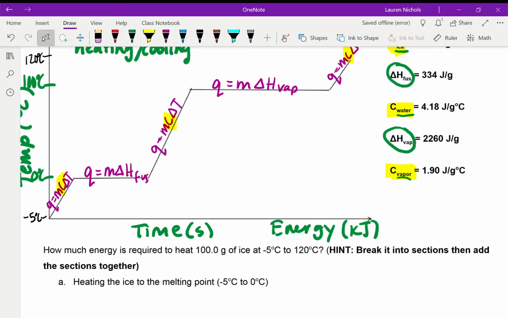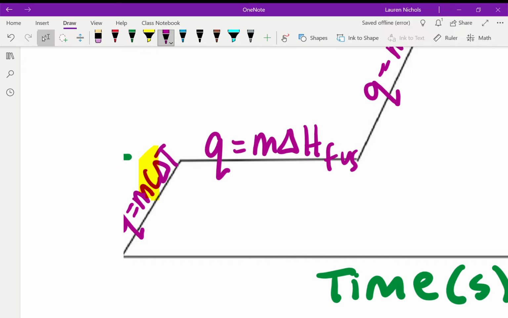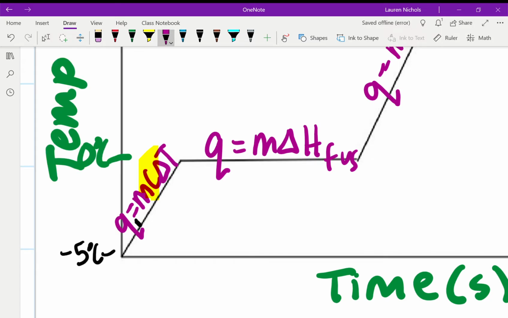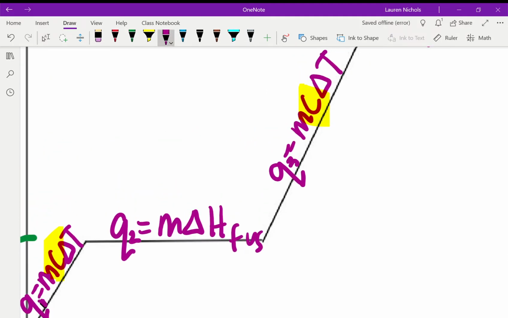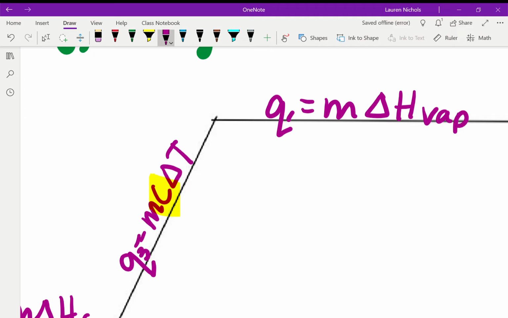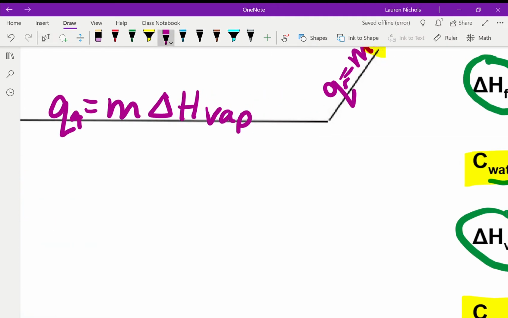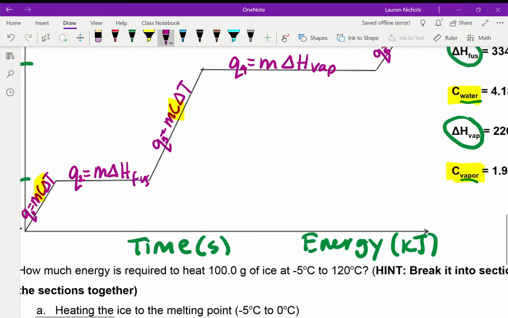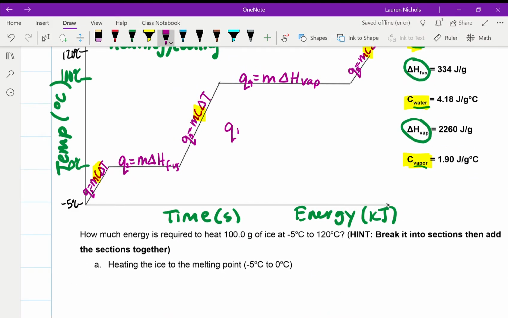So if this first slanted section is Q1, and then this one is Q2, Q3, Q4, and Q5, then all of the energy together, so Q total, would be equal to Q1 plus Q2 plus Q3 plus Q4 plus Q5. So you just solve 5 different formulas and then you just add them all together.